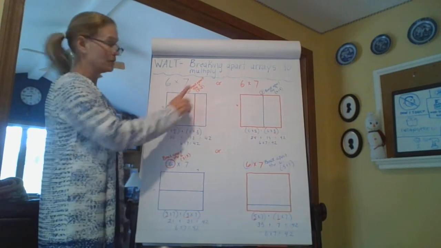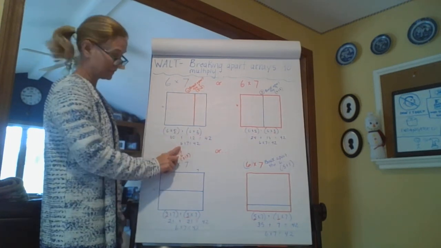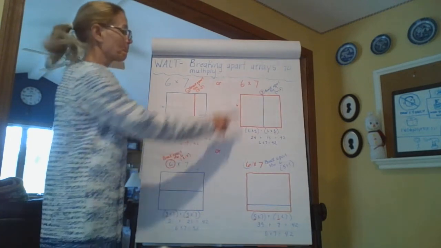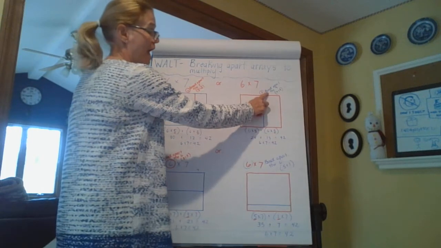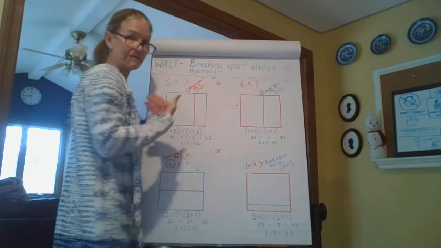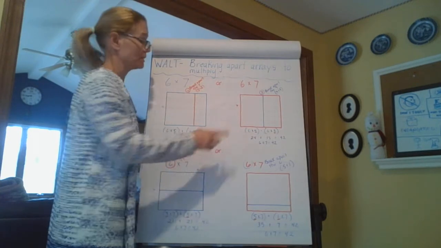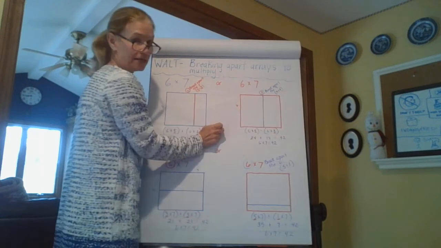Drew my array, broke apart one factor, solved a simple problem to get my product. Not the only way you can do that one. 6 times 7. That 7, I might like my 4 and 3 tables better. And if I'm good and fluent with my 4 tables, watch. So now I have my same array, 6 rows, 7 in each.